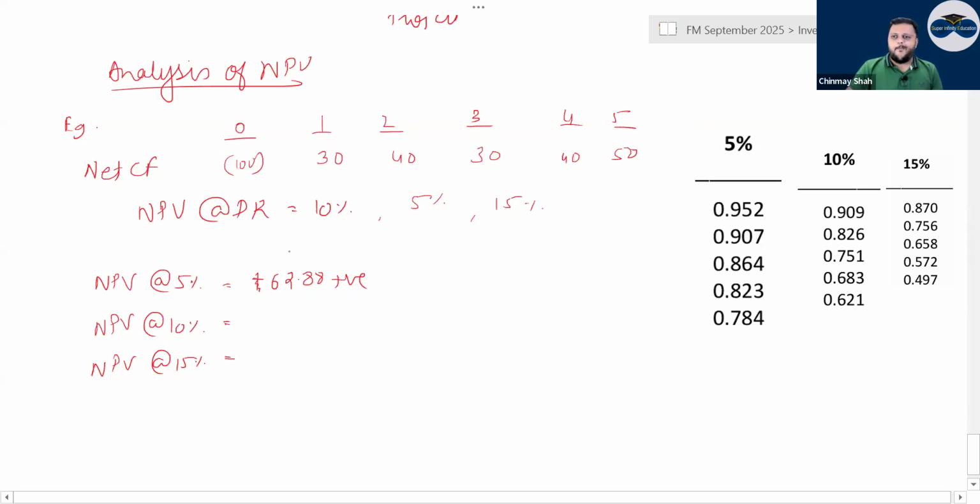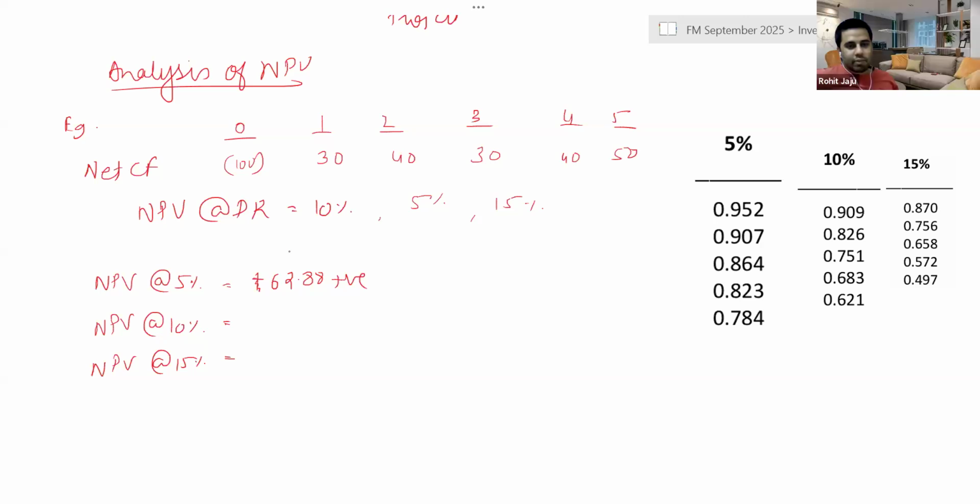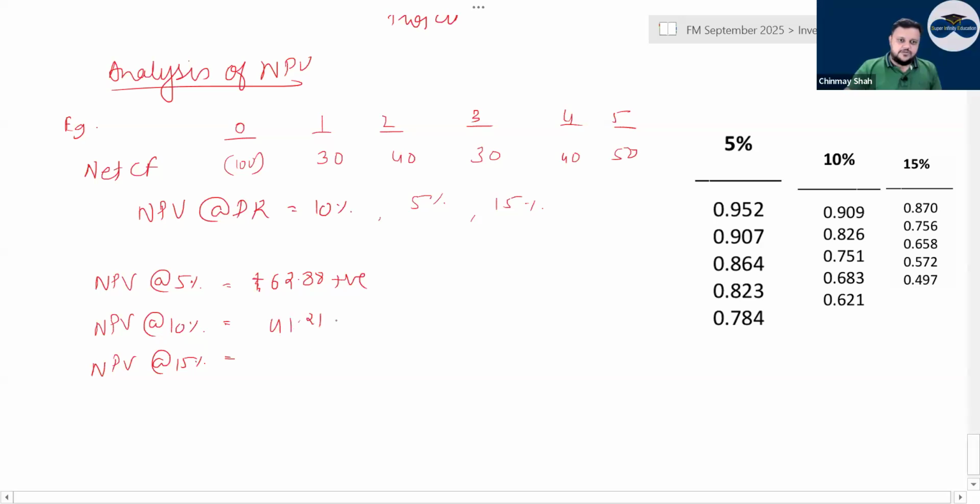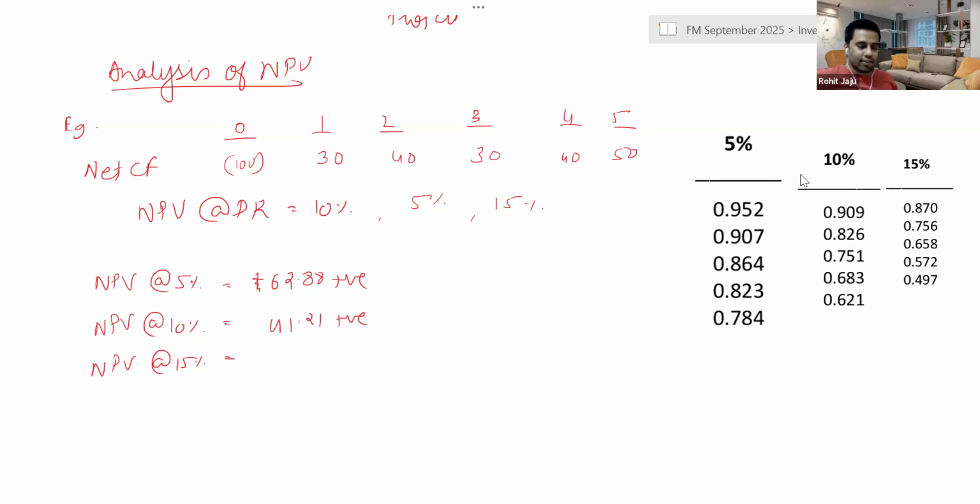10%. $41.21. 41.21 positive. Positive. 41.21.